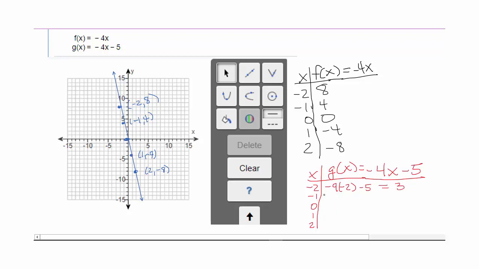For negative 1, we're going to have negative 4 times negative 1 minus 5. So that's going to be 4 minus 5, which is negative 1. For 0, we get negative 4 times 0 minus 5. That's going to be negative 5.